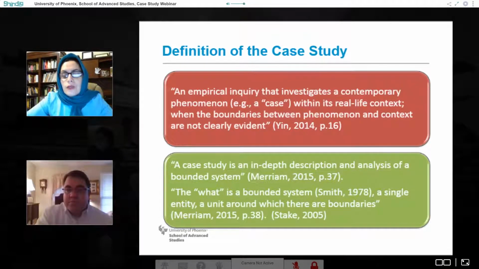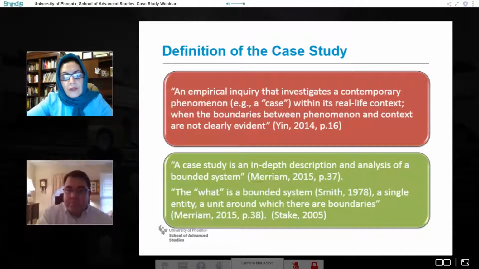But then you see that the next definition, coming from Merriam, is saying that the case study is an in-depth description and analysis of a bounded system. So there are slight differences between these two definitions.